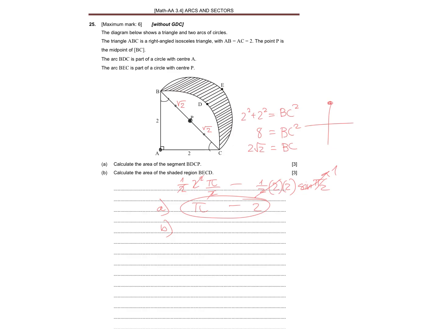So we need the area of a half circle. So 1/2 pi r squared. And we're going to subtract the area of this bit, which we just found out to be pi minus 2. Subtract that whole thing. Okay, so this is going to be 2 over 2, so that cancels. Pi minus pi also cancels, so we're just going to have 2.